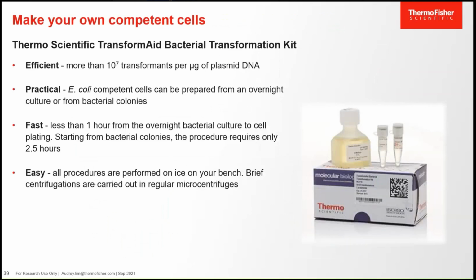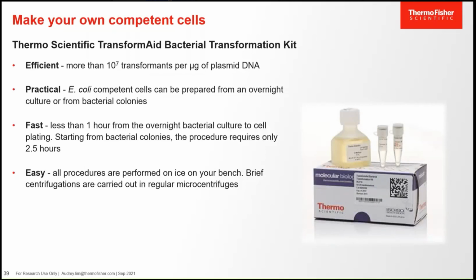Okay, so as I mentioned, commercially available competent cells will give the best transformation efficiency. However, if your budget is really constrained, there is always a way to make your own competent cell. You can consider the Thermo Scientific Transform8 Bacterial Transformation Kit.